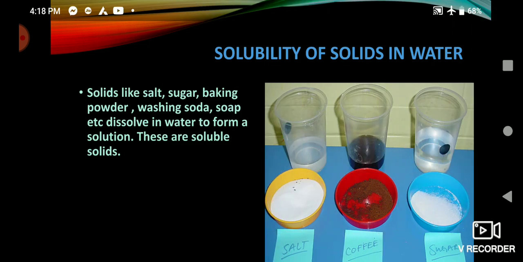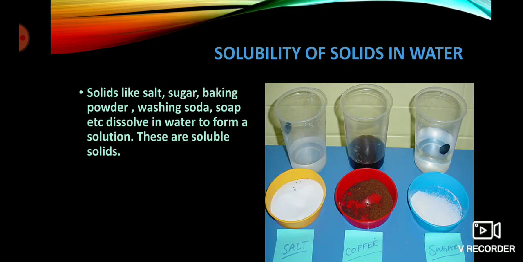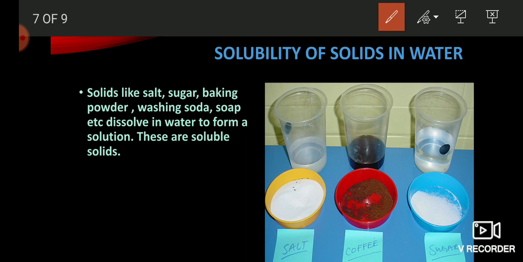Now here is a picture where samples of salt, coffee and sugar have been taken to get a solution. In the first figure you can see salt is taken and a salt solution is made, and you can see the color of the water changes a little bit.